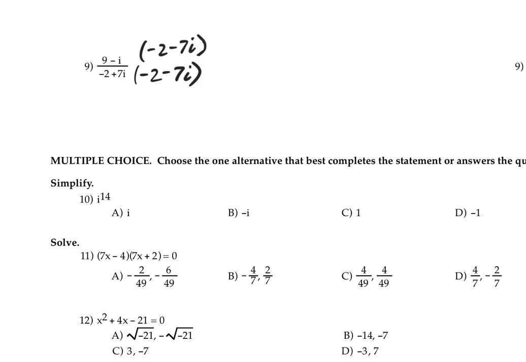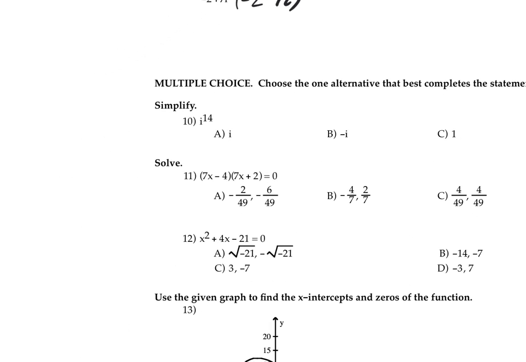So we have -2 minus 7i. And so then we'll have to FOIL on top and bottom and simplify it. So a little bit of work involved there, but just remember it's the conjugate of the bottom that we multiply on both top and bottom.